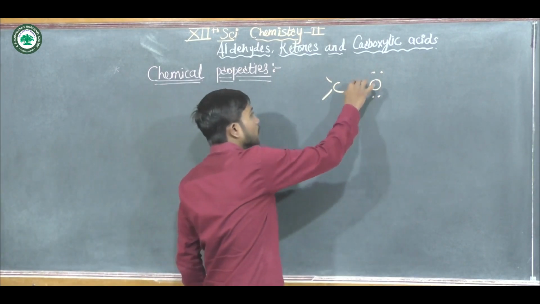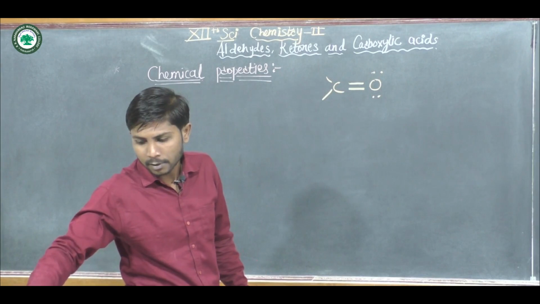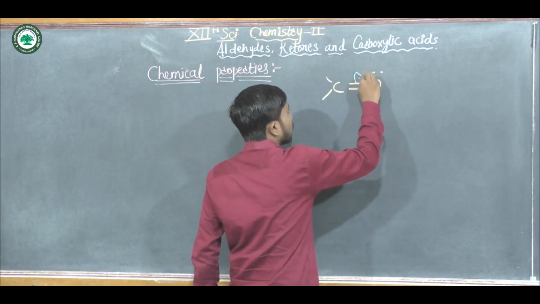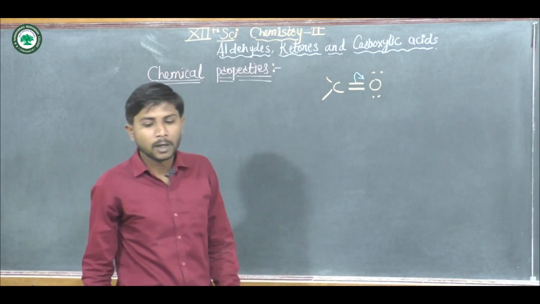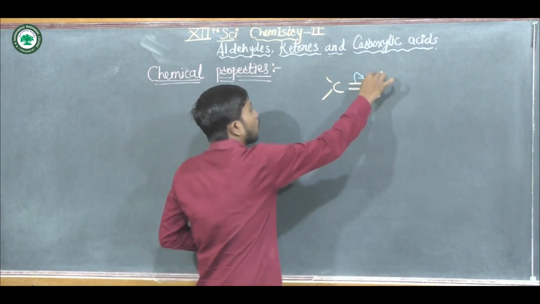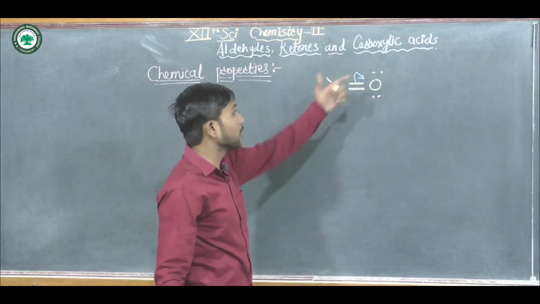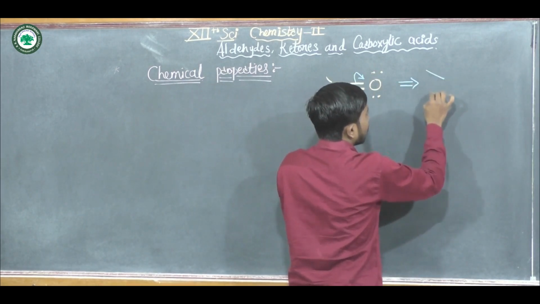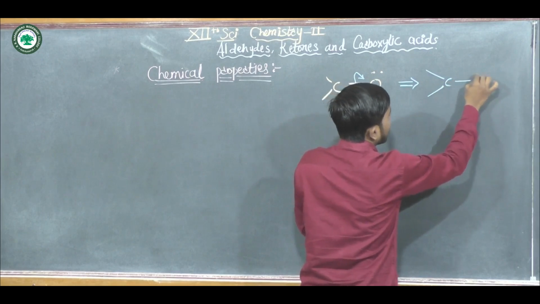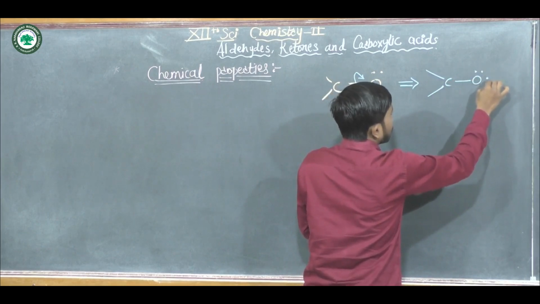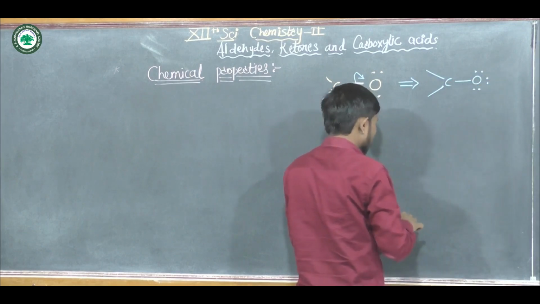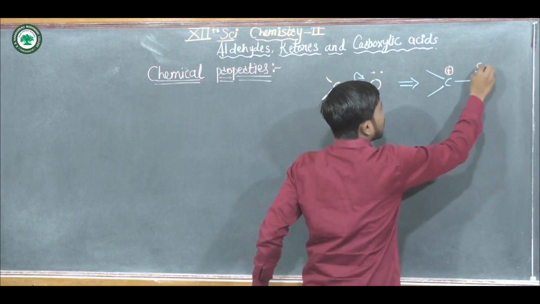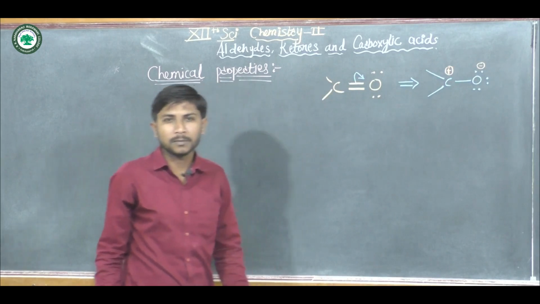When the bond of the carbonyl group breaks, the electron pair is shifted towards the oxygen and we get a structure like this, where there is a partial positive charge on carbon and a partial negative charge on oxygen.